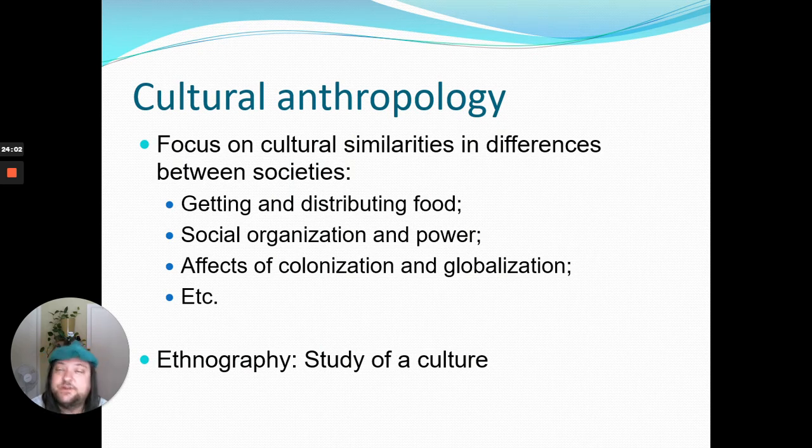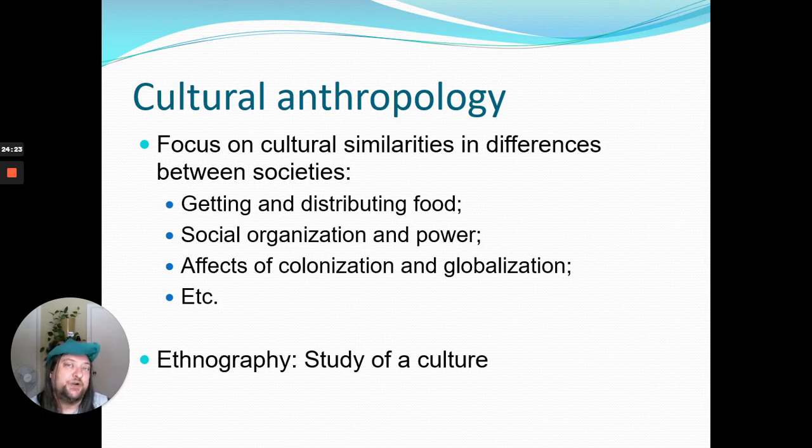And in your textbook, they have a few related terms. I'm not talking about all of them here because that would be almost a whole set of slides on its own, but one that's going to come up often for us is ethnography. When we talked about field work earlier, ethnography has a double sense. It's the study of a culture.